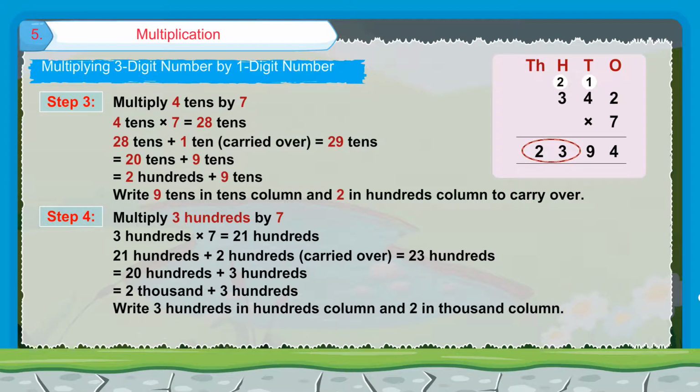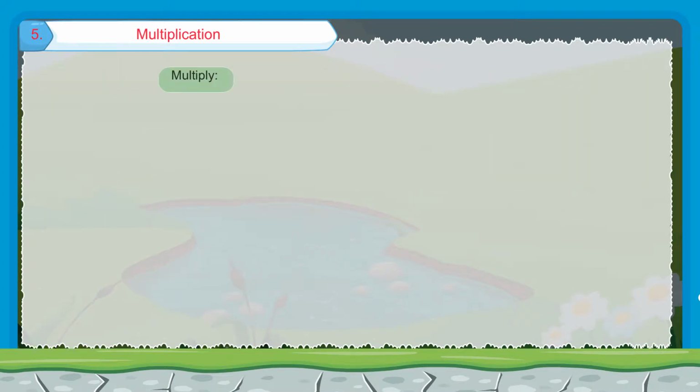Write 3 hundreds in hundreds column and 2 in thousands column. Thus, 342 into 7 is equal to 2394. Multiply.